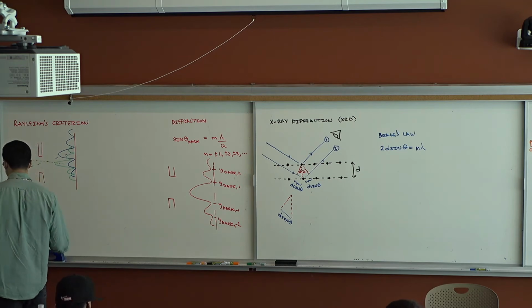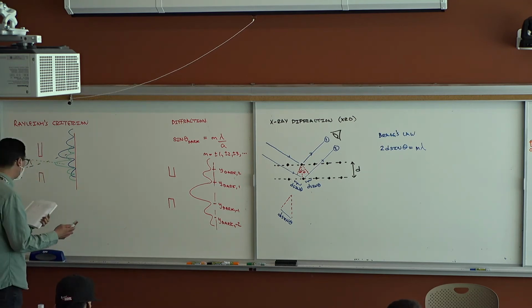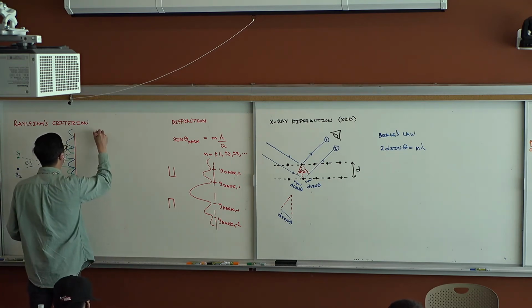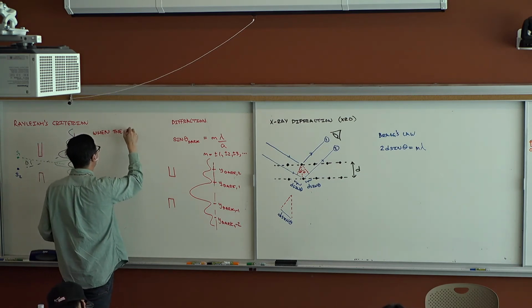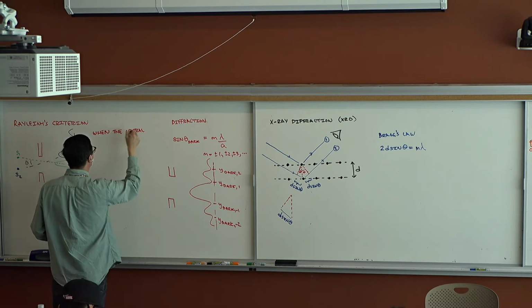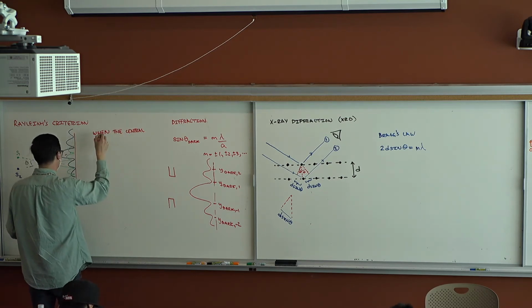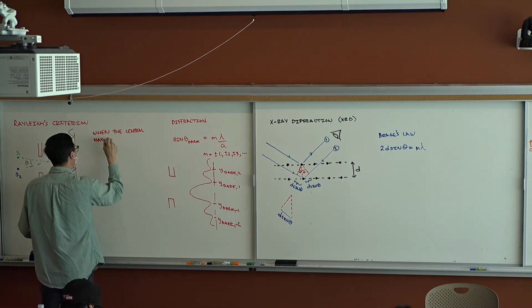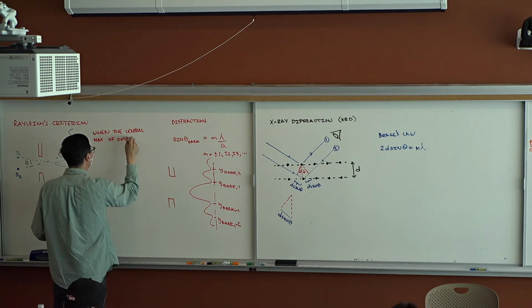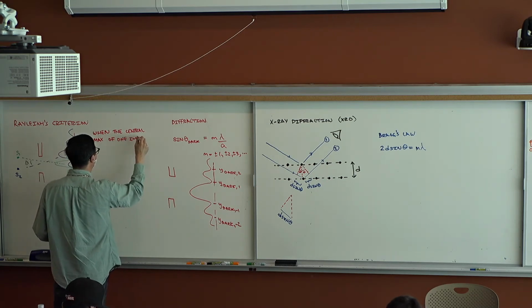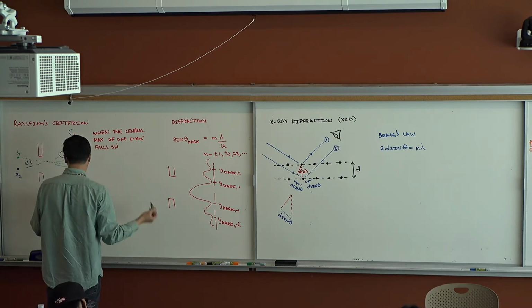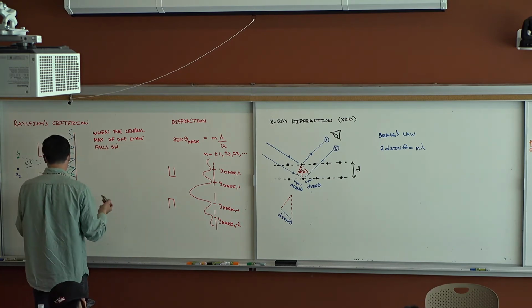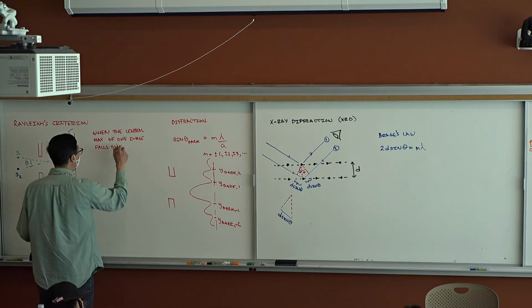And so Rayleigh's criterion is when the central max of one image falls on the first min of the second image.